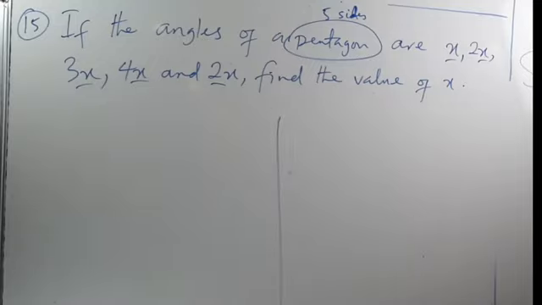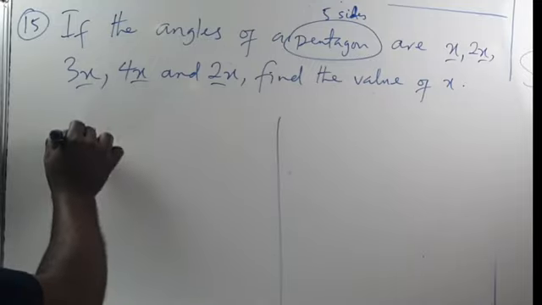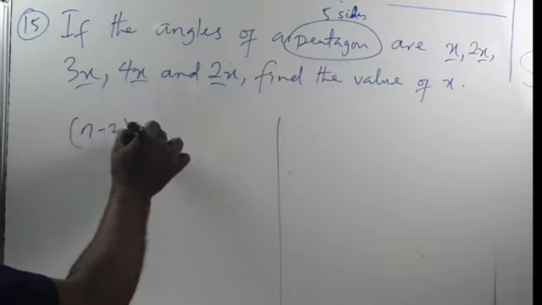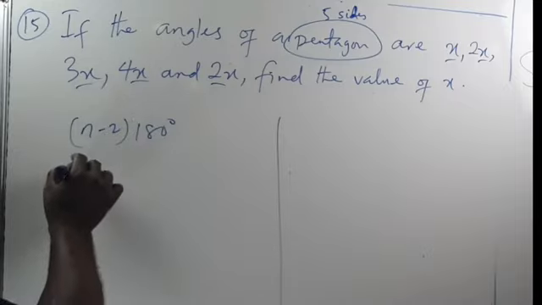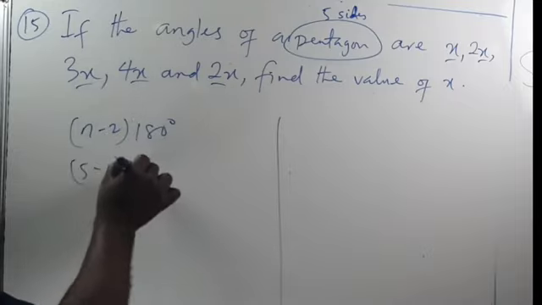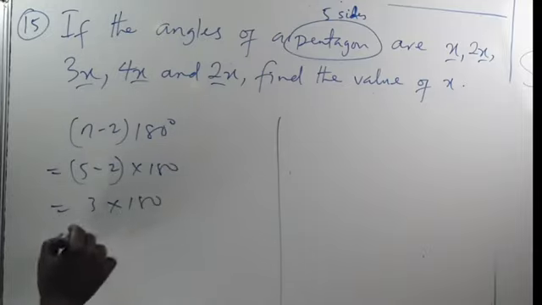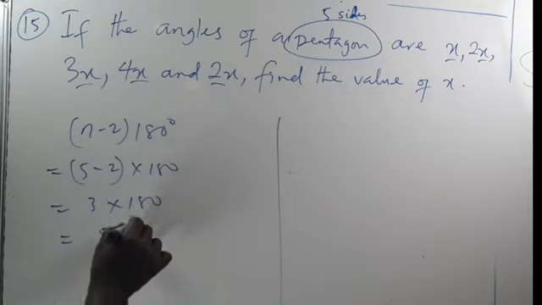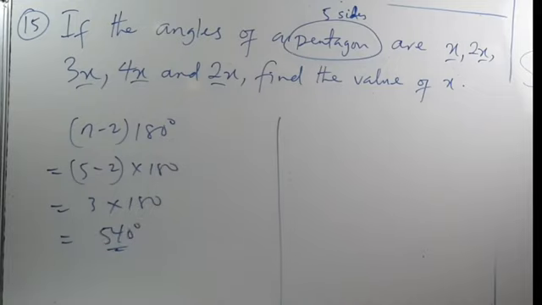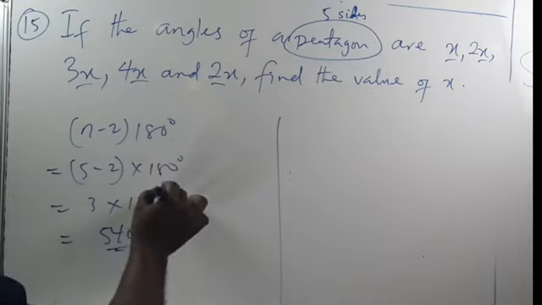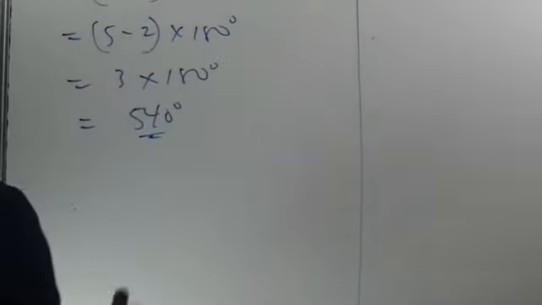The sum of angles in any polygon is (n minus 2) times 180 degrees. So a pentagon has 5 sides, that will be (5 minus 2) times 180 degrees. So that is 3 times 180 degrees, which is 540 degrees, right? Having known that, we add this plus this plus this, and it gives us 540.